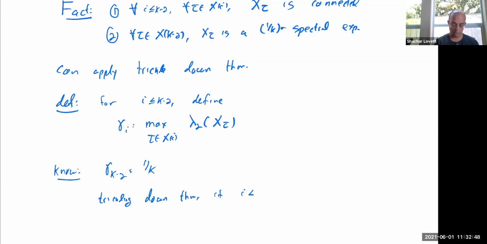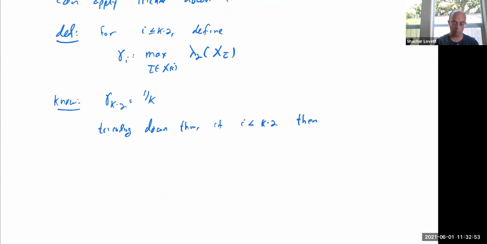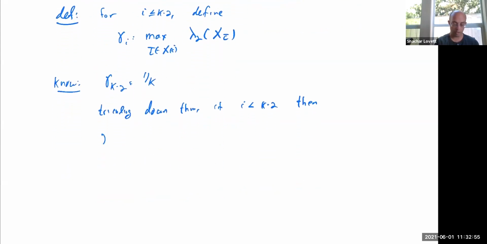If i is less than k minus 2, then we get some bound on gamma i that's going to be worse. Let's do the calculation here so I don't make a mistake.